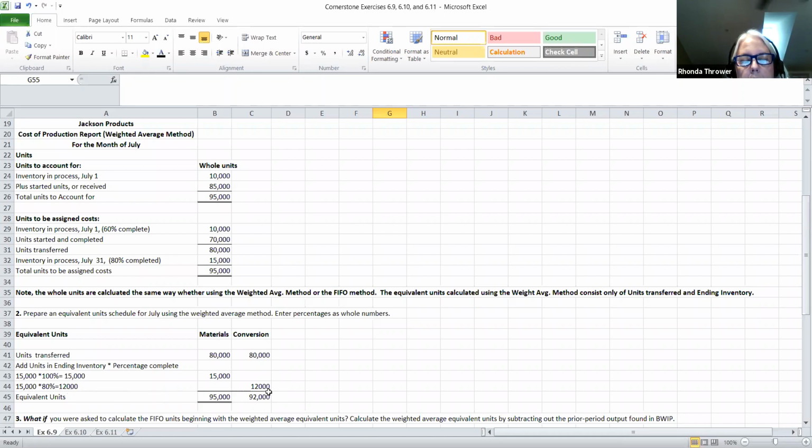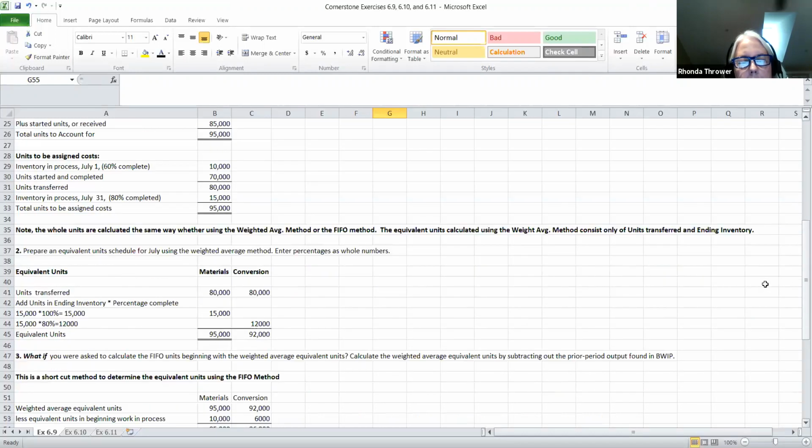And that was 80% of the 15,000, which is 12,000 units. We would add the two of these together to get the total equivalent units for conversion. And so that's the main difference between the FIFO method and the weighted average method. The whole units are calculated exactly the same, but when we get ready to do equivalent units in the weighted average method, we only use the units transferred and the ending inventory.